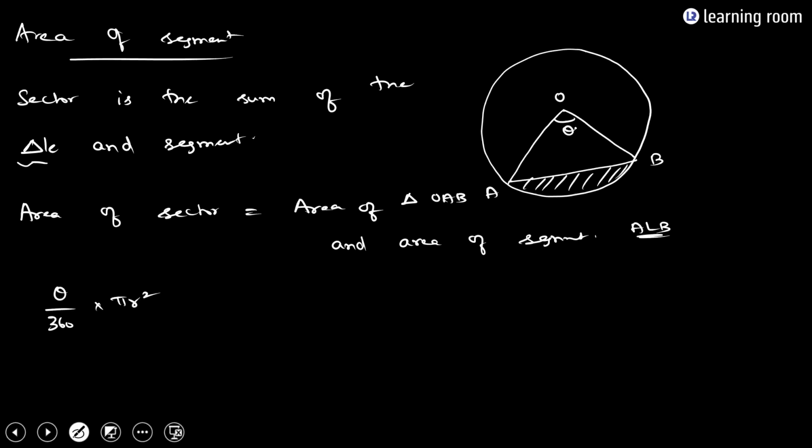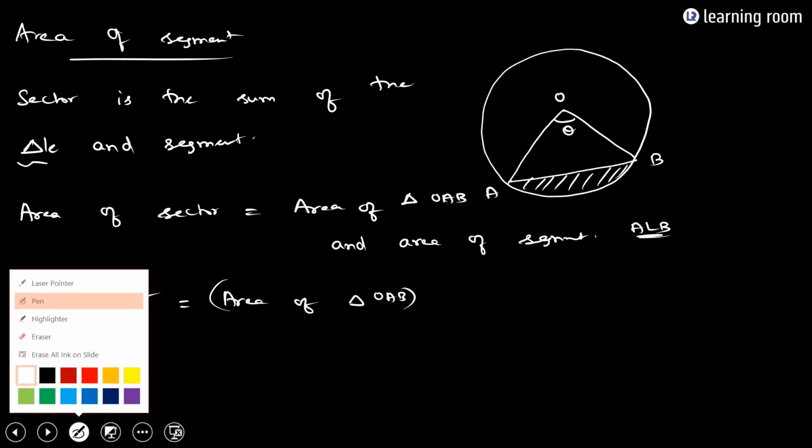If I take this angle to be theta, then theta by 360 into pi r square is equal to, what is the area of triangle OAB? As of now, you don't know this formula, but I'll keep it. So let's call it area of triangle OAB only.